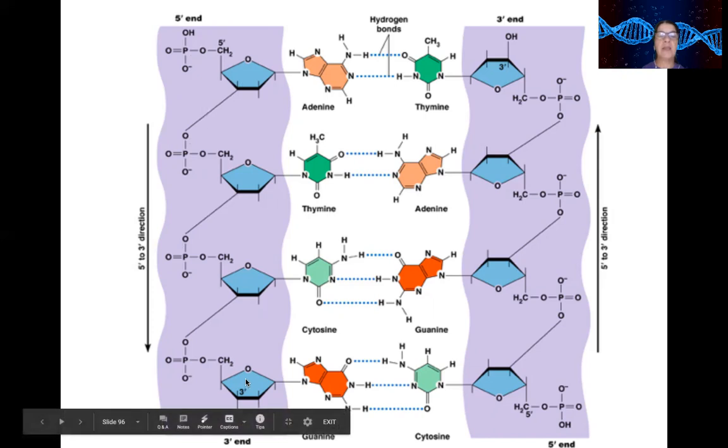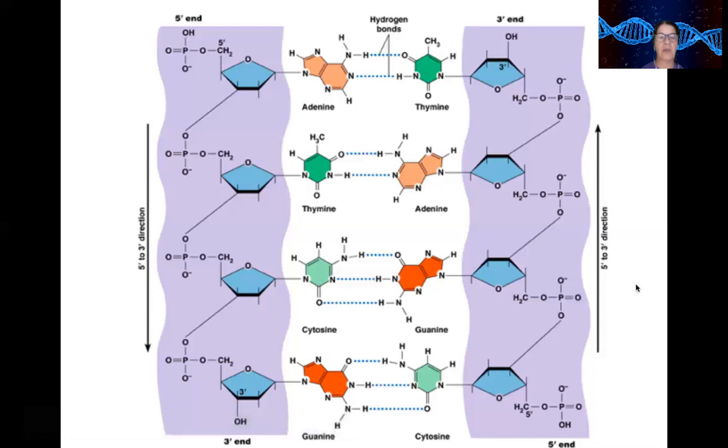The very last nucleotide will have used its phosphate group to form a covalent bond with the previous nucleotide, and the hydroxyl group of the last nucleotide, which is attached to the 3' carbon, the 3rd carbon, remains free. It's unattached. So this will be the 3' end of the molecule.